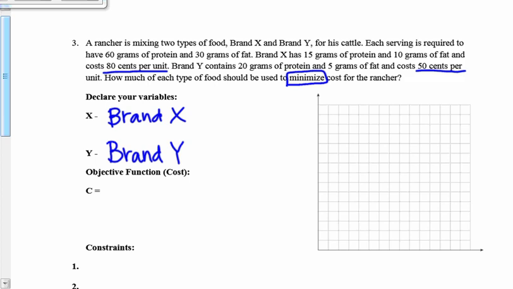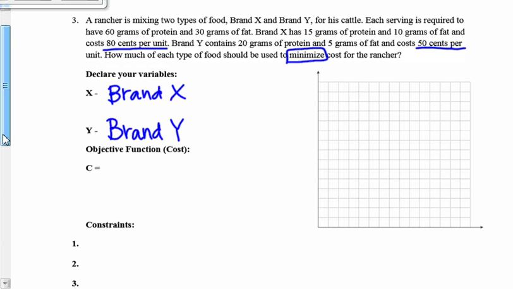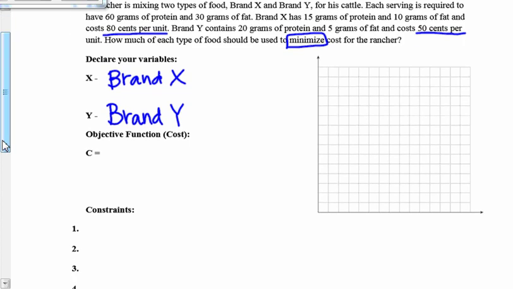Now, 80 cents is only 0.8 of $1, while 50 cents is 0.5 of $1. I'm going to use those decimals instead of 80 and 50. So 0.8 times my brand X plus 0.5 times my brand Y will give me my objective function, or my total cost. Basically 80 cents per unit of brand X and then 50 cents per unit of brand Y.